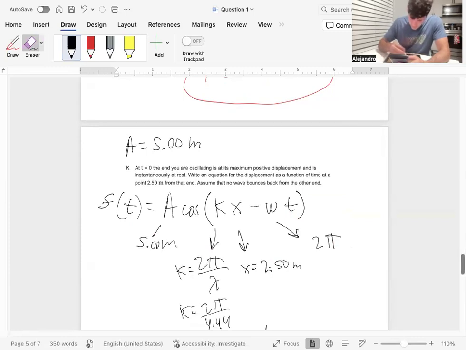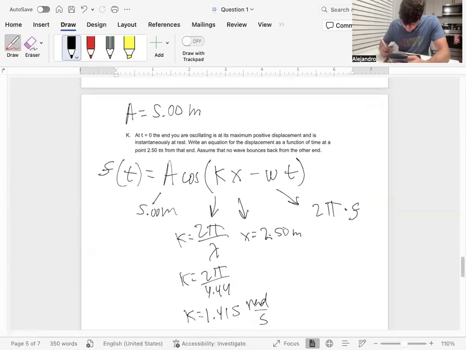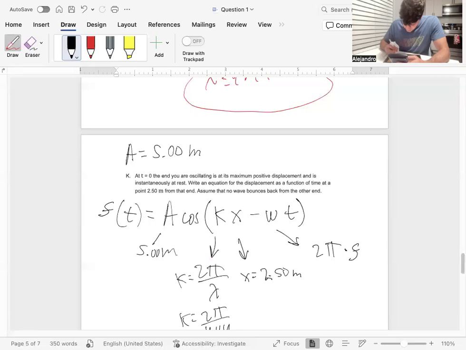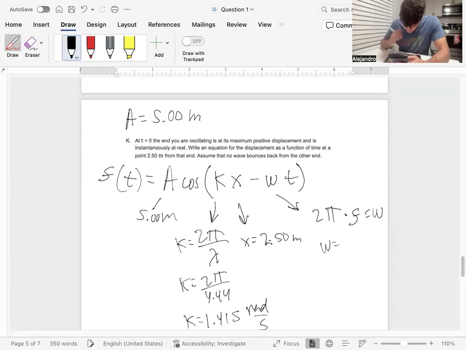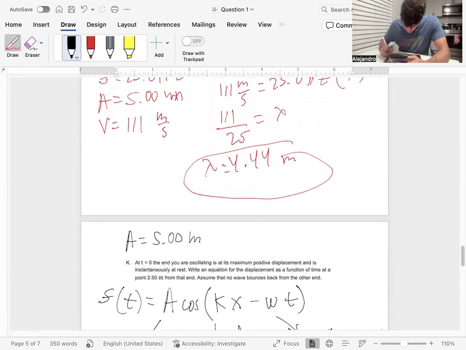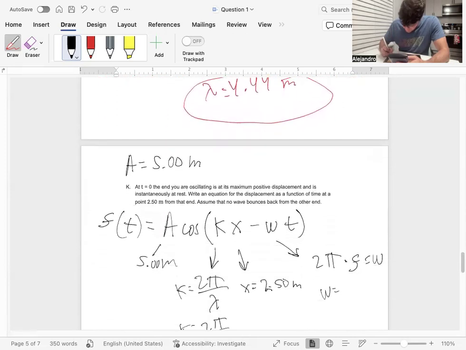We're going to use 2 pi times frequency. This should be enough for us to keep working. Frequency is given to us, it is 25.